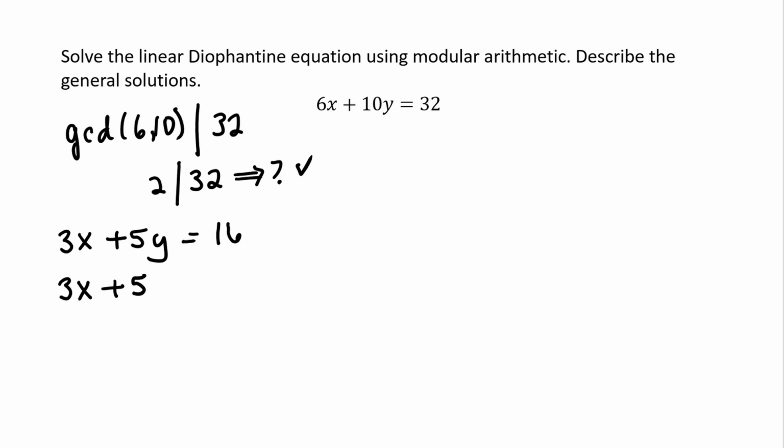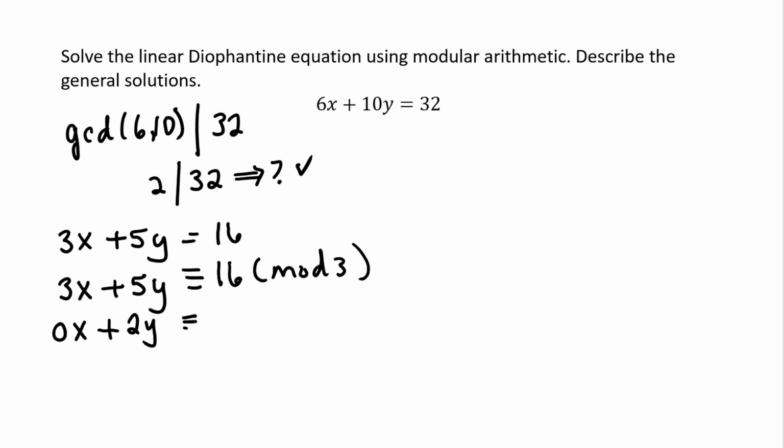So 3x plus 5y is congruent to 16 mod 3. Now, if we divide by 3, we're going to list the remainders. 3 divided by 3, the remainder is 0. Plus 5 divided by 3, the remainder is 2.